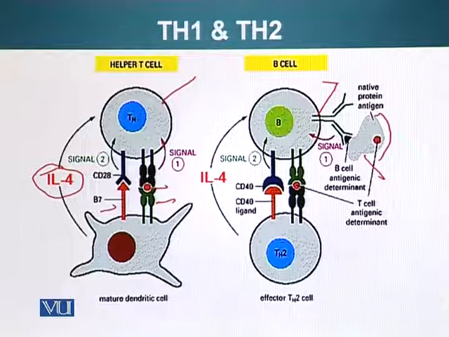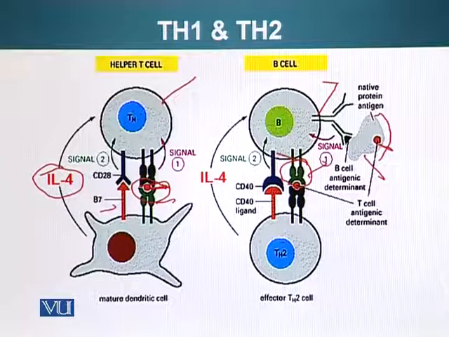If those B cells display the same fragment which was displayed by our mature dendritic cell, remember our helper T cell recognized this particular structure on the surface of the dendritic cell. When our helper T cells recognize the same structure on the surface of the B cell, they activate that particular B cell.